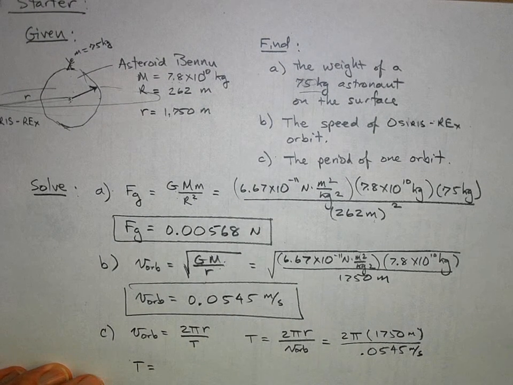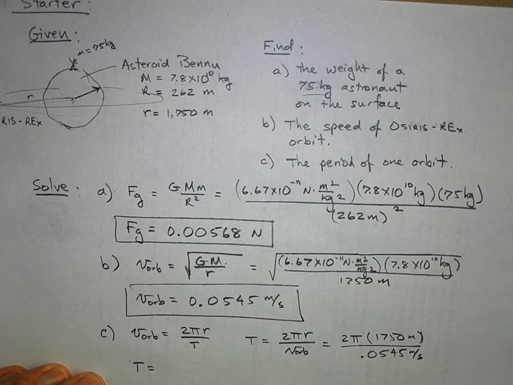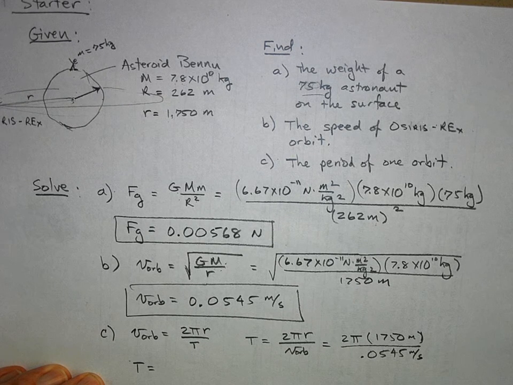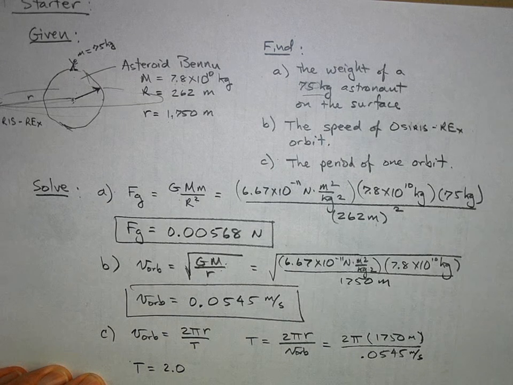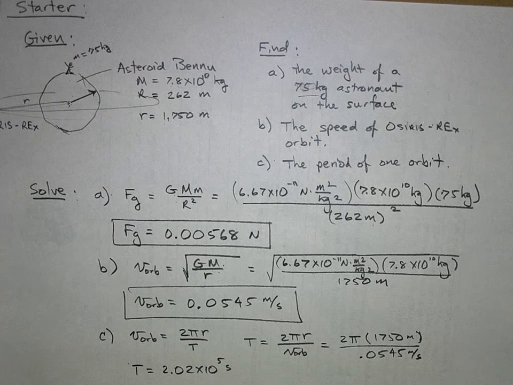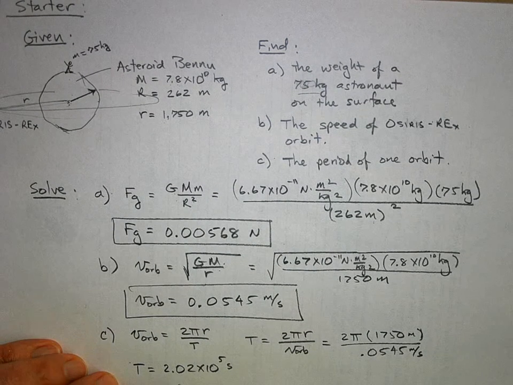So when I do the arithmetic, 2 times pi times 1,750 divided by 0.0545, I get 2.02 times 10 to the 5 seconds.